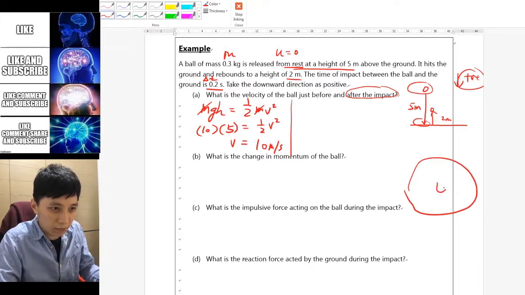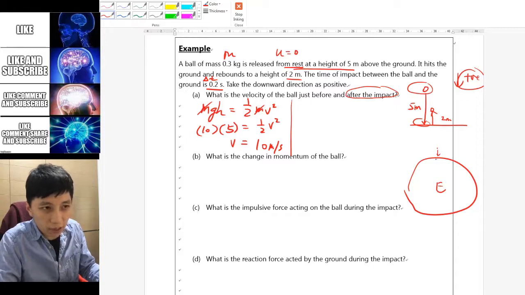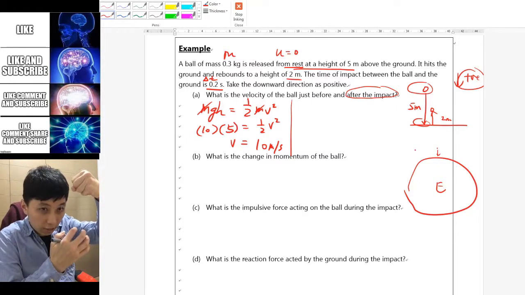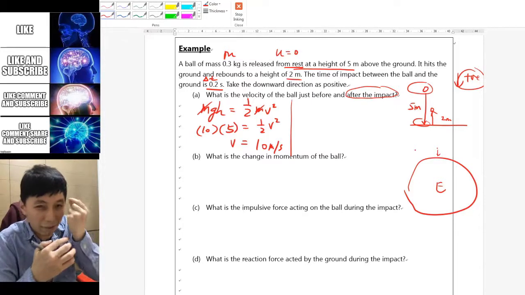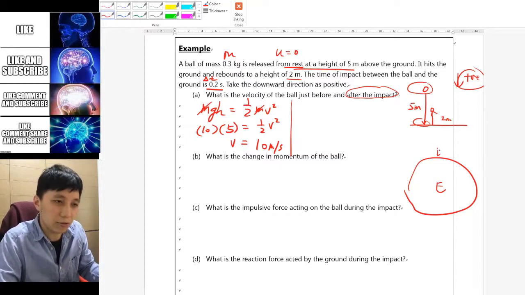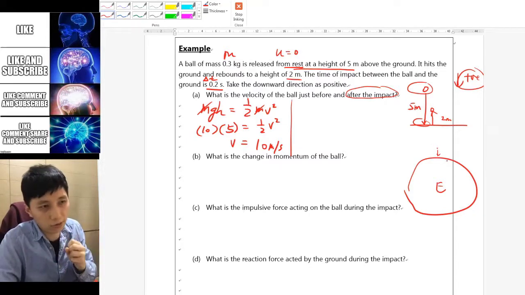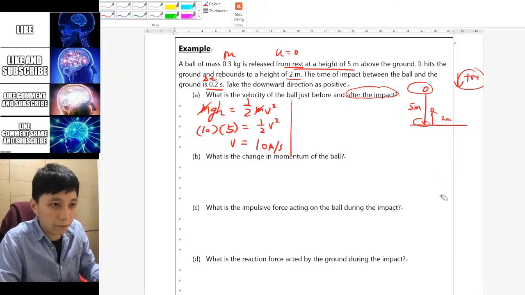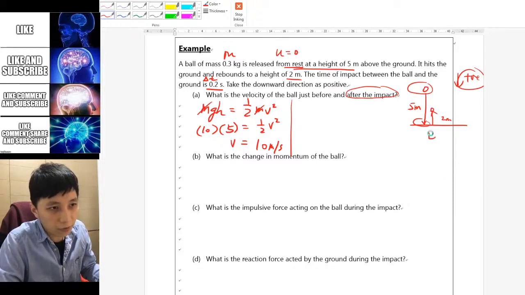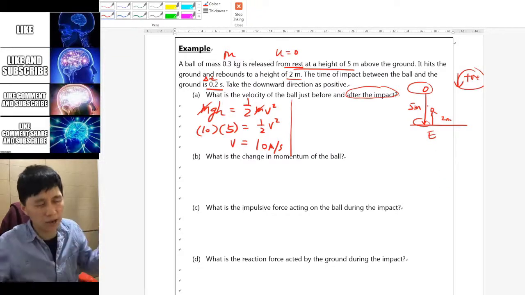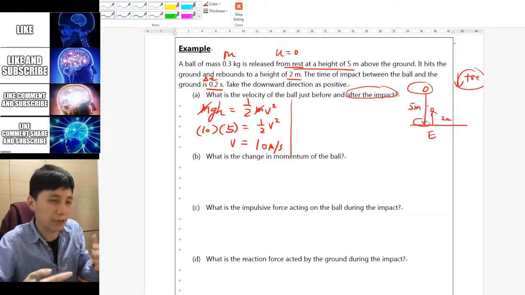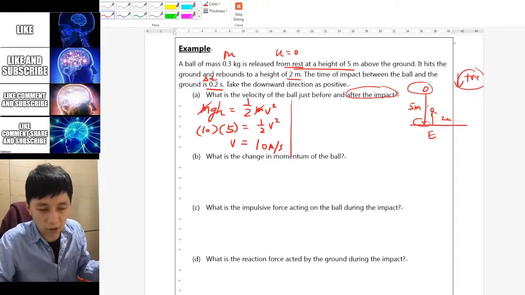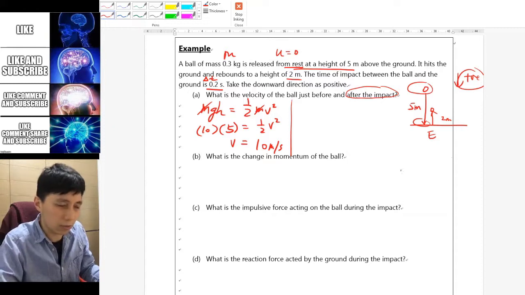Imagine this is the earth, and this basketball, or whatever ball, is literally dropping on earth, and in fact the ball will move the earth by a very tiny bit. If you consider that, then you can use conservation of momentum. If you don't consider the earth, then the earth is outside of your system, and that will give you an external force, so you cannot use conservation of momentum to calculate.